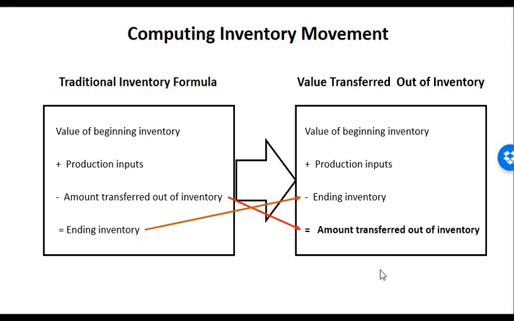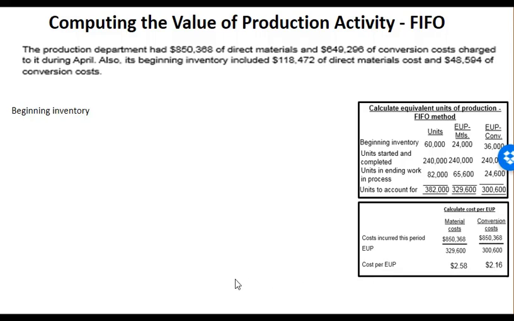So let's see how that actually is going to work. Over on the right hand side you can see the FIFO calculations regarding equivalent units of production, and you can also see the schedule with the cost per equivalent unit of production, which we've done on the previous slides.